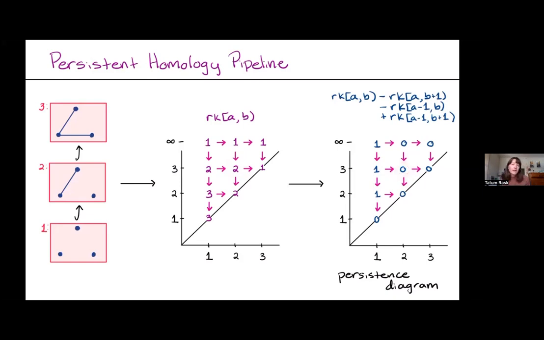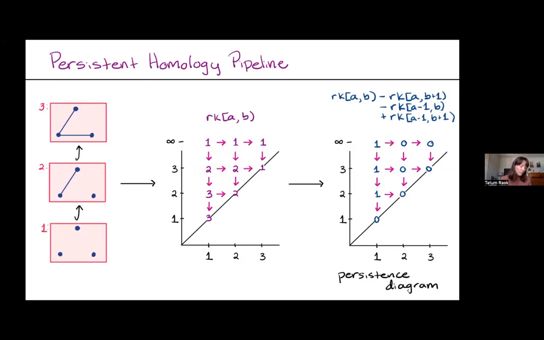Suppose we want to know how many connected components show up at time 2 and disappear by time 3. Well, we go back to our rank function and look at the square going up and to the left, and we add 2, subtract 2, subtract 1, and add 1. That evaluates to 0, so we get a 0 in the persistence diagram. Indeed, no connected component appears at time 2 that is able to disappear at time step 3.